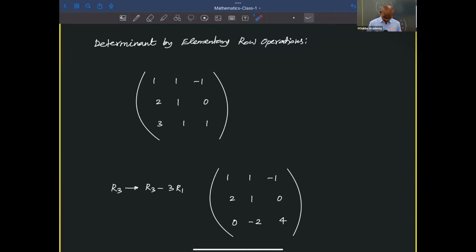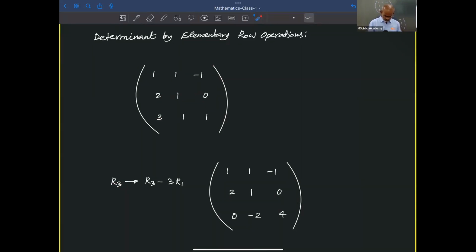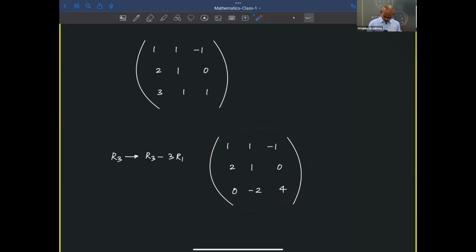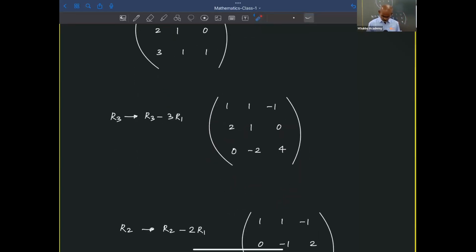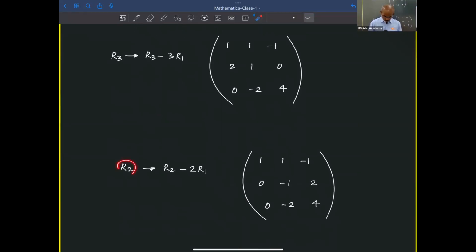So the new row 3 is equal to the original row 3 minus 3 times this content. By this way, now this number is turning to 0. Of course, we now have some more things, this also to be made 0. Prior to that, we'll also do something for row 2. So row 2: the left side is the new row 2 and this is the old content, the old row 2.